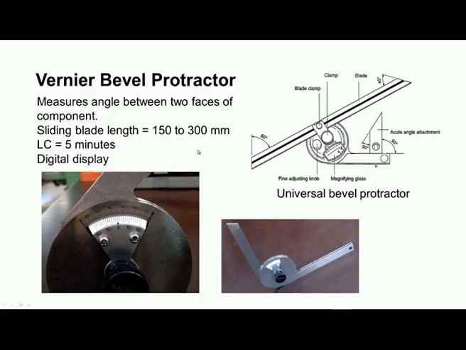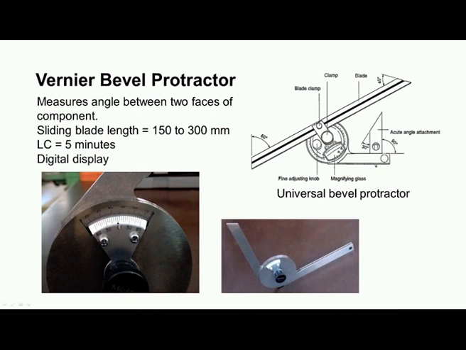Another normally used instrument for measurement of angle is the Vernier Bevel protractor. In the previous case, we saw a simple protractor wherein there was no vernier, but here we have a vernier. This is the rotary scale which reads 0 to 360 degree. The least count of this rotary scale is 1 degree, and then we have a vernier.